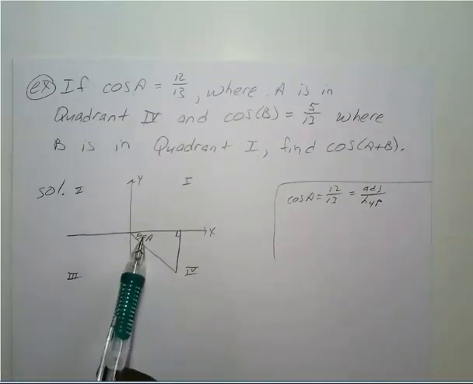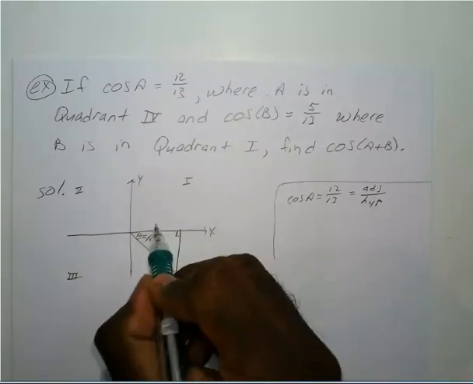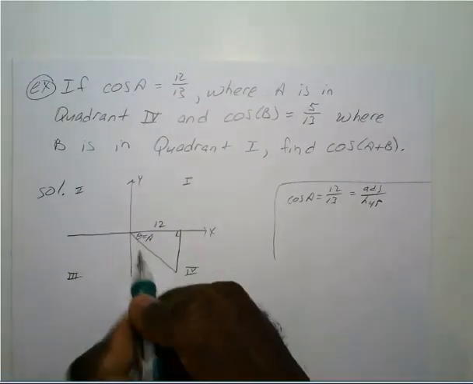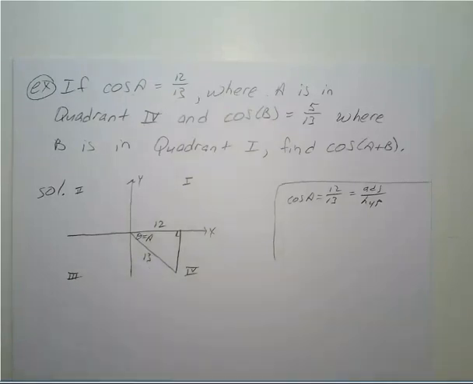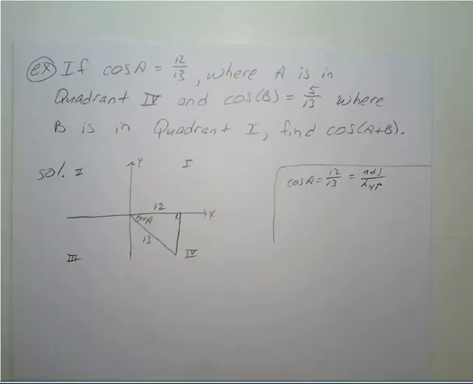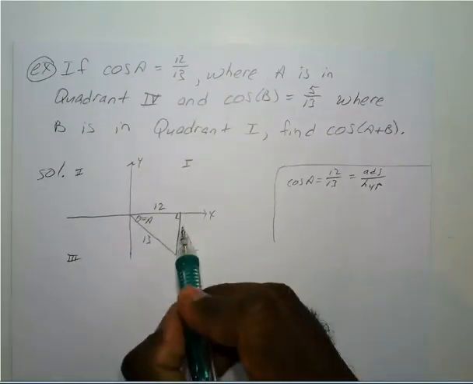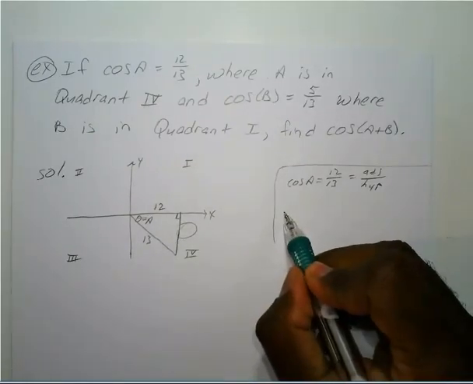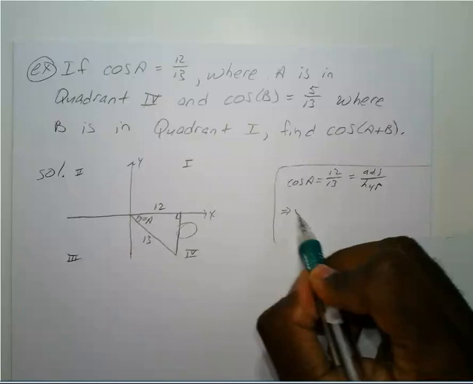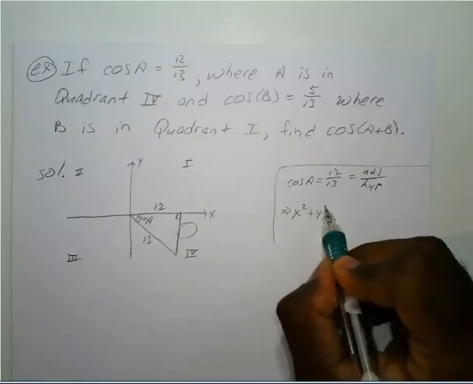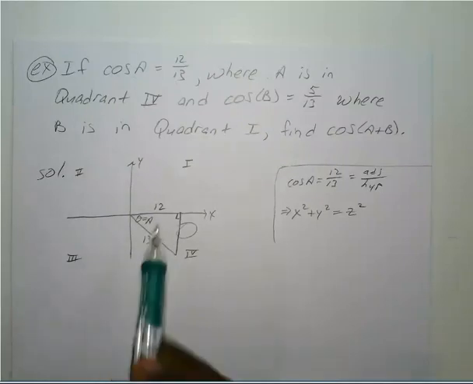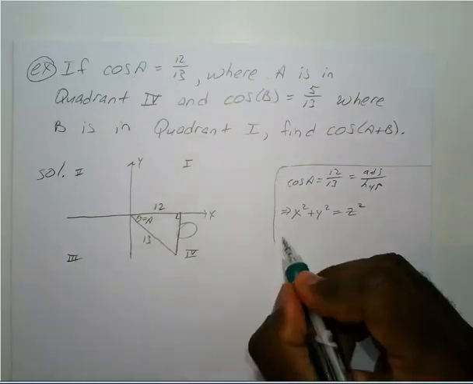So for this angle A, your adjacent is 12, and your hypotenuse is 13, which means we have to solve for our y. So we use the Pythagorean theorem: x squared plus y squared equals z squared. Your x is 12.